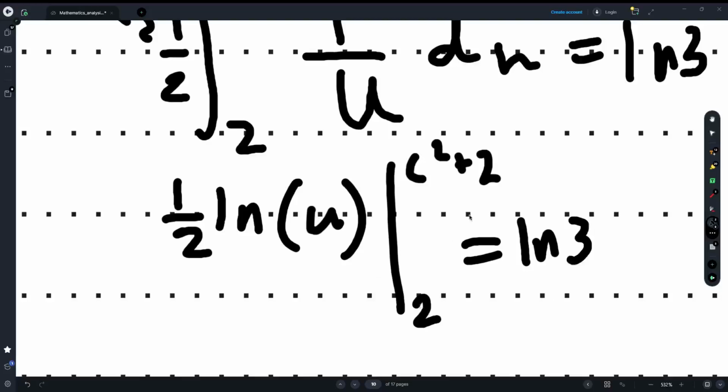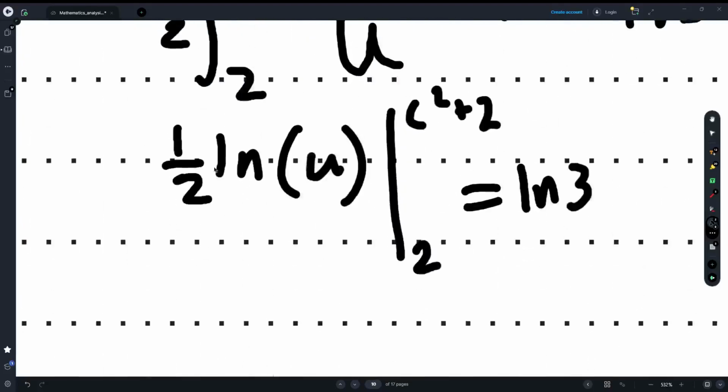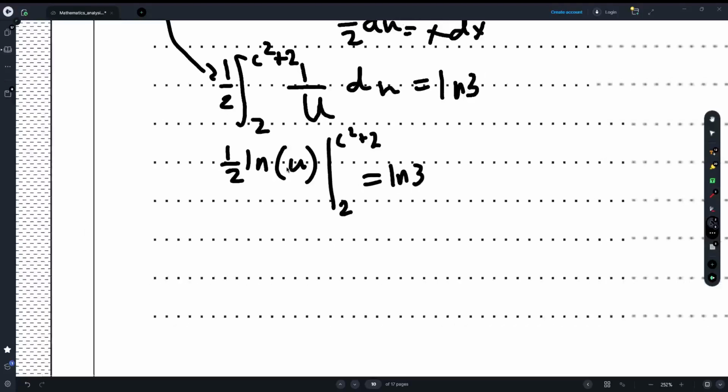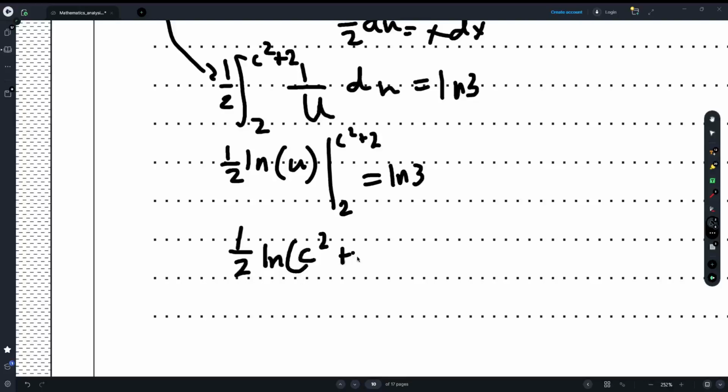Now this is an equation where we can actually solve for c, because we can sub in these values to get an integral evaluated over these bounds. So we get half ln of c squared plus 2 minus half ln 2 is equal to ln 3. Now we can rewrite this as one log.